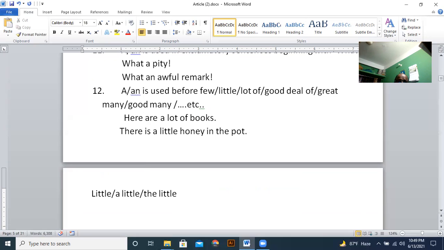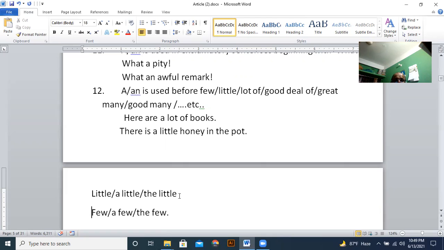Same with few: a few or the few. Now, what is the difference between little and few?